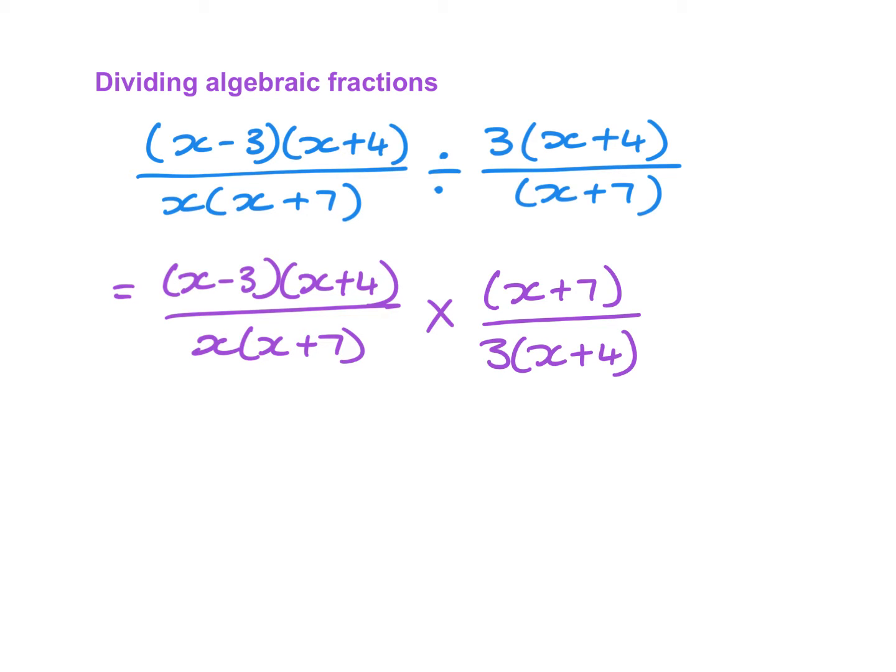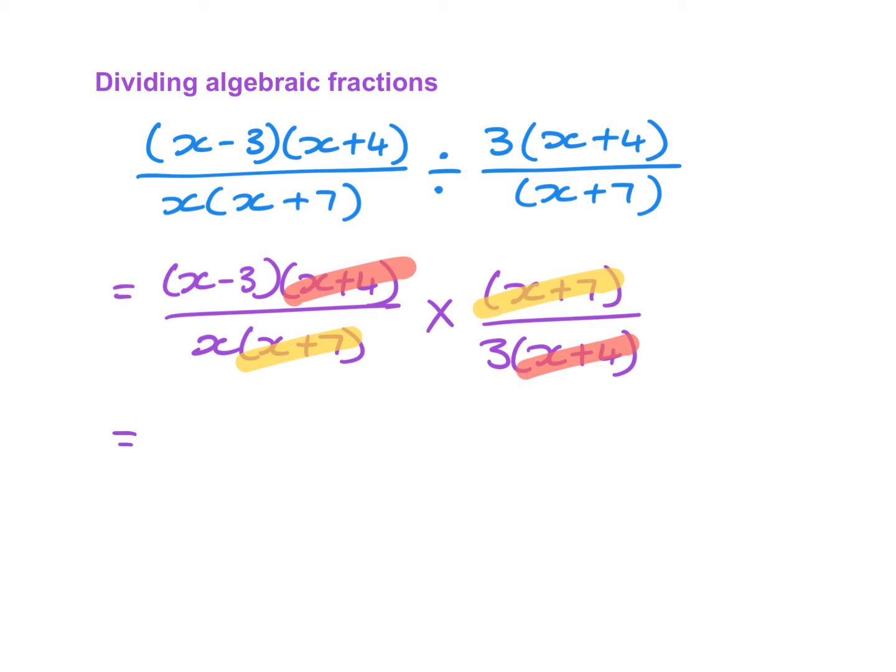I hope you can see that the second fraction has now been reciprocated, because of the division sign, and multiplied. Our numerator becomes our denominator, and our denominator becomes our numerator. Now we can do some simplification: the x plus 7 and x plus 7 can be cancelled, as can the x plus 4 and the x plus 4.